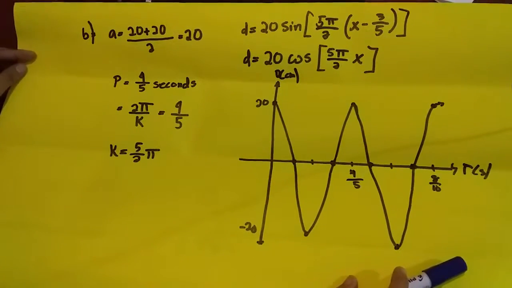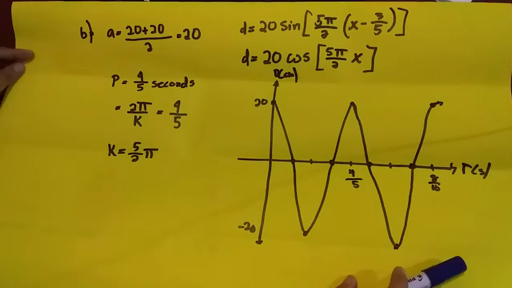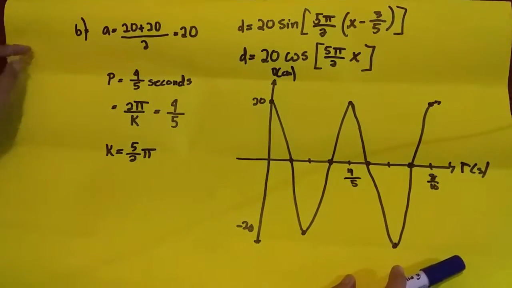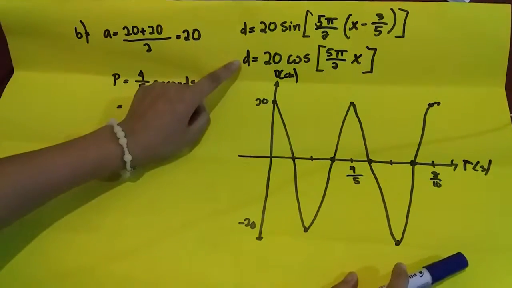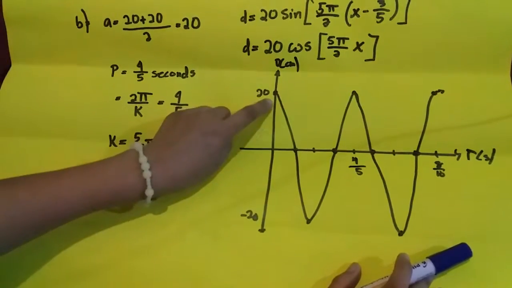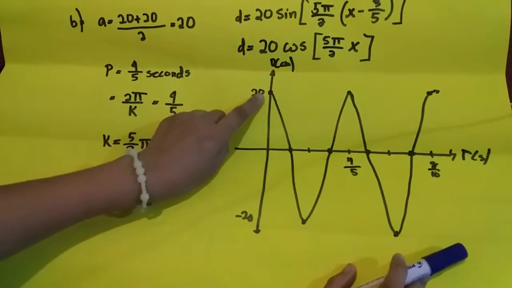For our cosine, d is equal to 20 cosine of 5 pi over 2 x. As you can see, it is positive because our point starts at the top, which is positive.